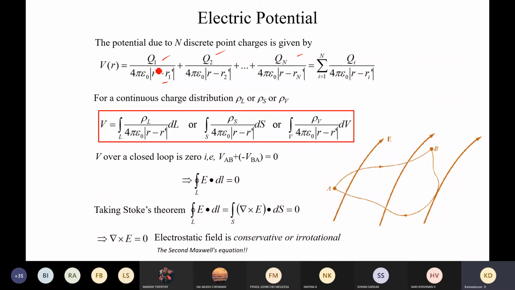So the total potential is nothing but the sum of all the potentials due to the multiple charges at that particular point. Or assume that there are multiple points available, and this particular point P we have to calculate. So we have to find the line joining between all these source charges Q1, Q2, Q3 all the way.